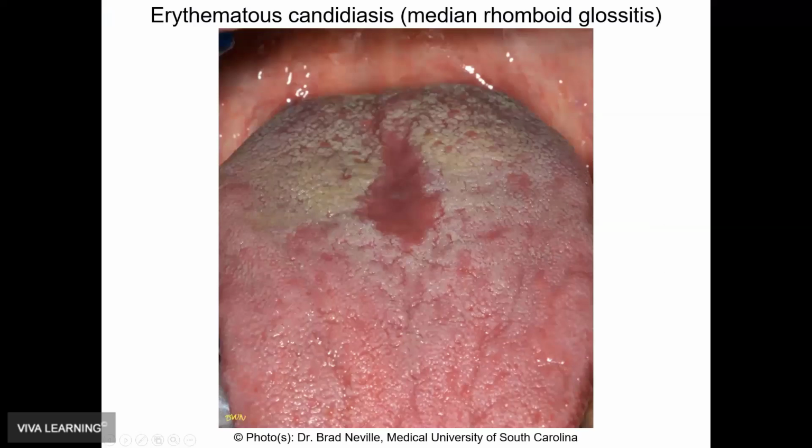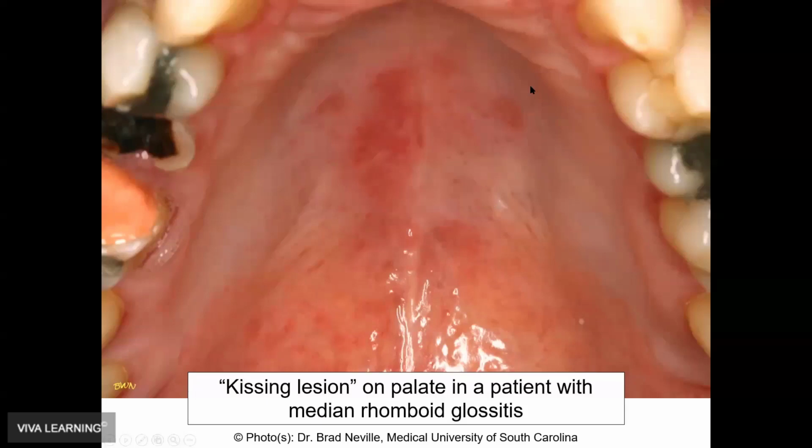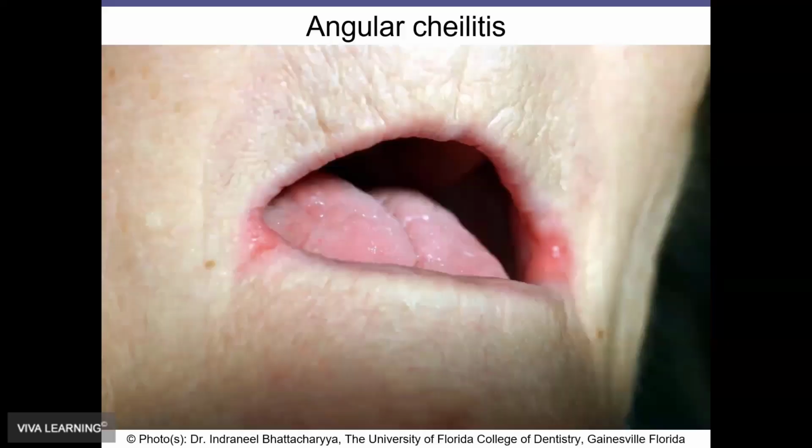Here is an example of erythematous candidiasis, median rhomboid glossitis. And then this is the same patient with a kissing lesion of the palate. So this patient actually has chronic multifocal candidiasis. Here is angular cheilitis, and I would wager that 100% of you have a patient in your office right now who has angular cheilitis.